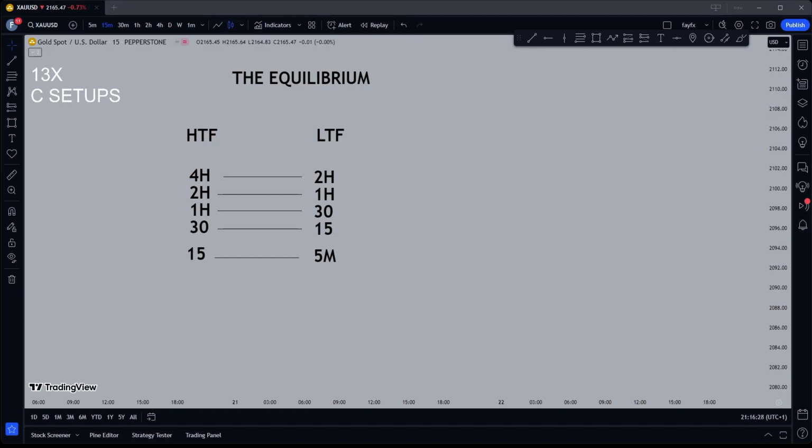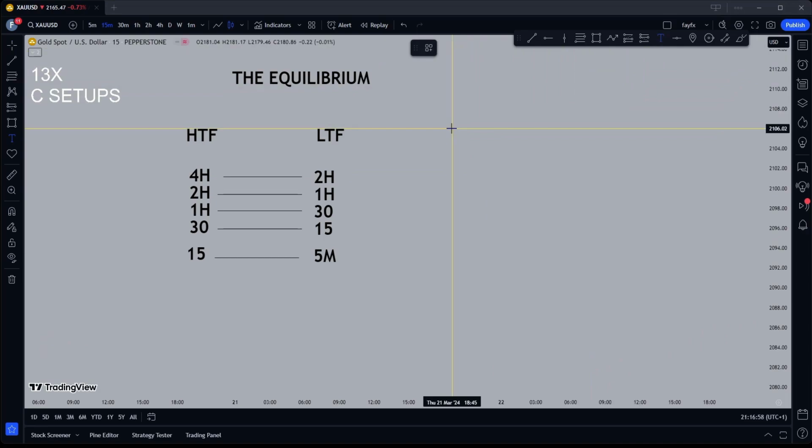So by now, you know the levels we use, the time frames we use. We will play with those concepts to find our entries. We use our levels, CC setups, the equilibrium, and the order of time frames. Those four concepts are our entries.